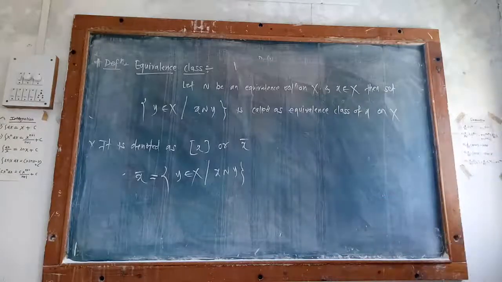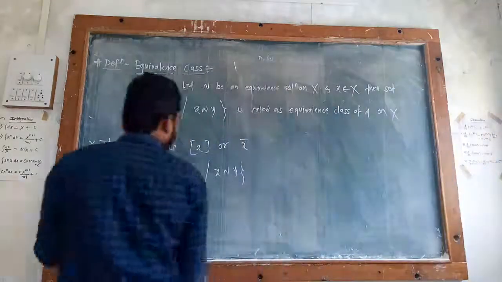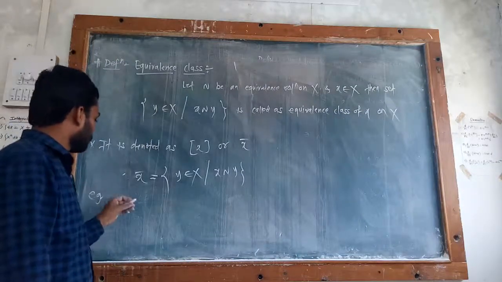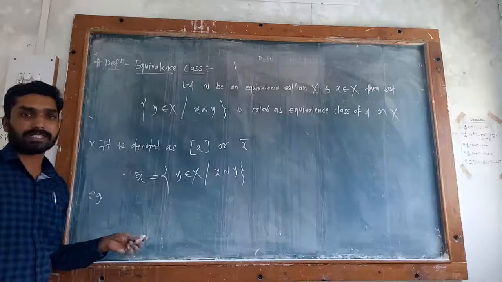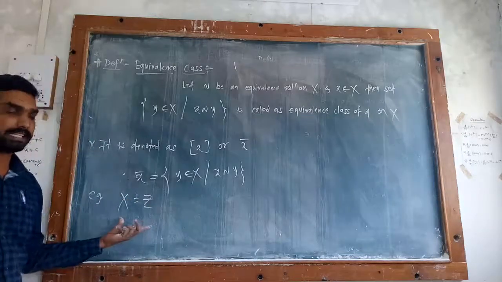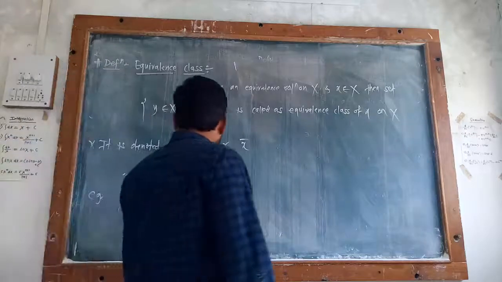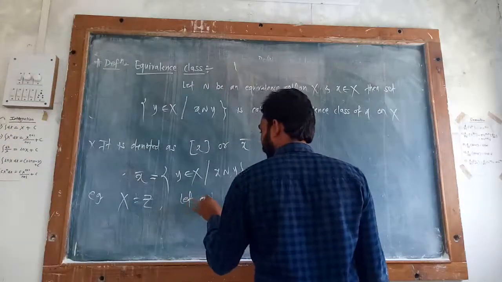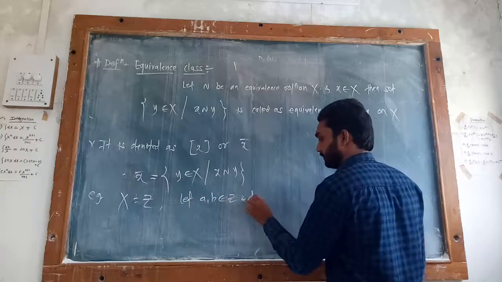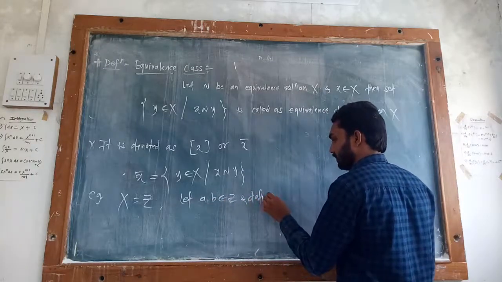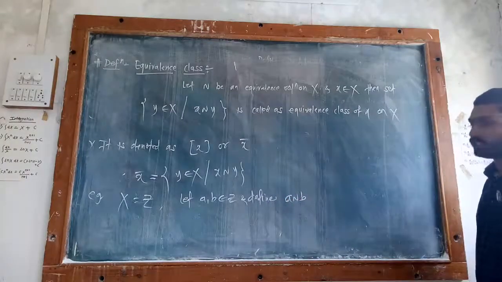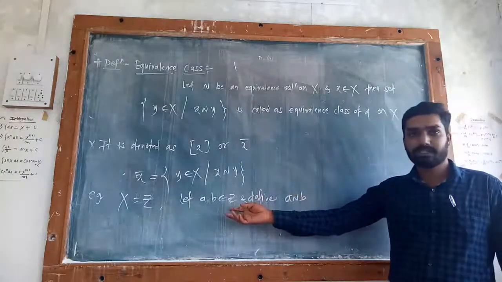So let us take an example. In the previous example, what is your previous example? Let your capital X be your set of integers. Okay. So let A, B be in your set of integers and define A equivalent with B. Let X be the set of integers, A and B are integers.